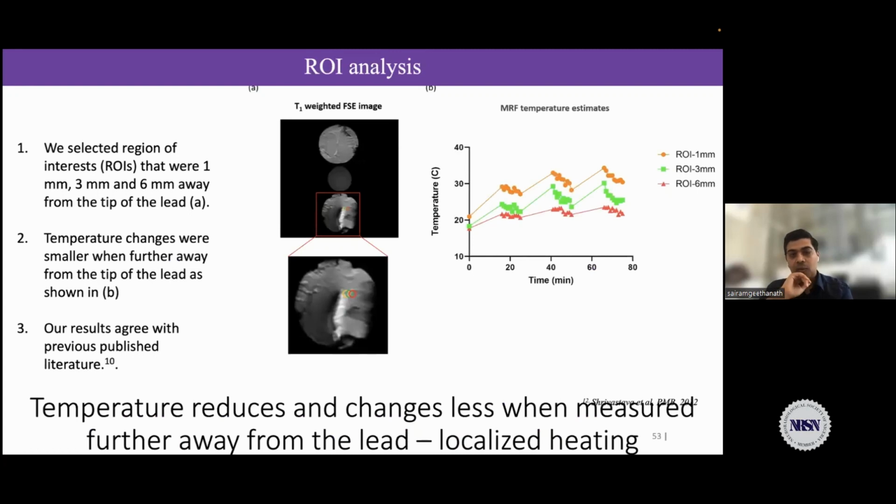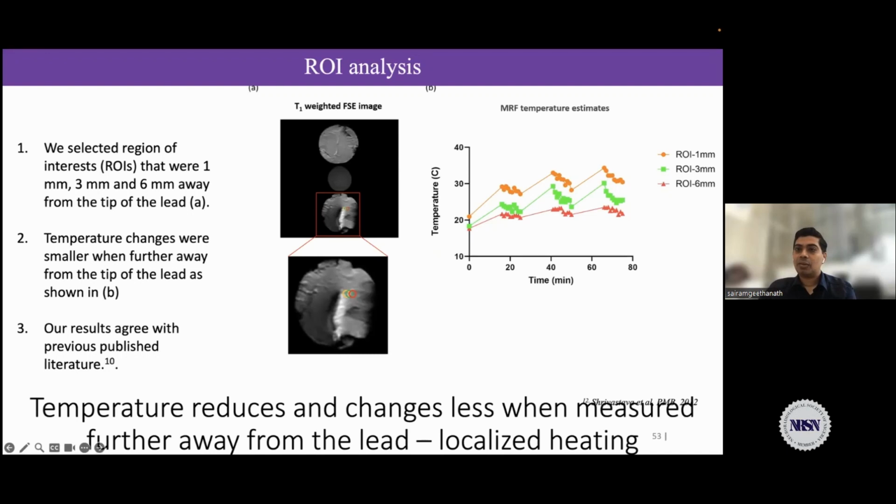We did an ROI analysis to understand the effect of the signal loss near the lead. As you can imagine, as you go away from the lead, like the red ROI, the temperatures significantly fall because, as I showed you in the motivational slide, the temperature drastically falls as you go away from the lead.